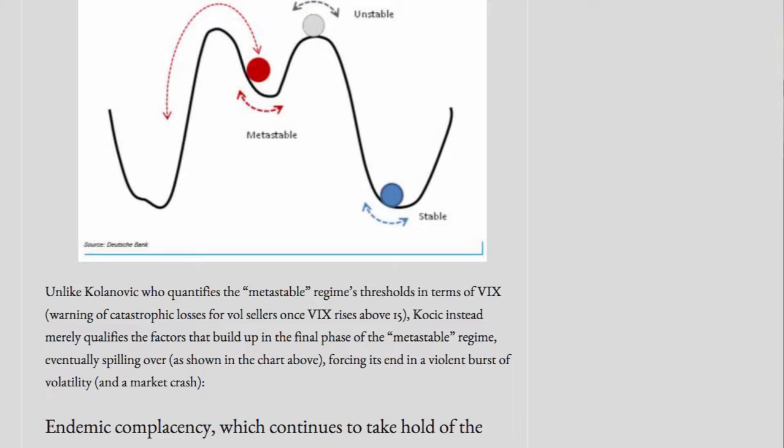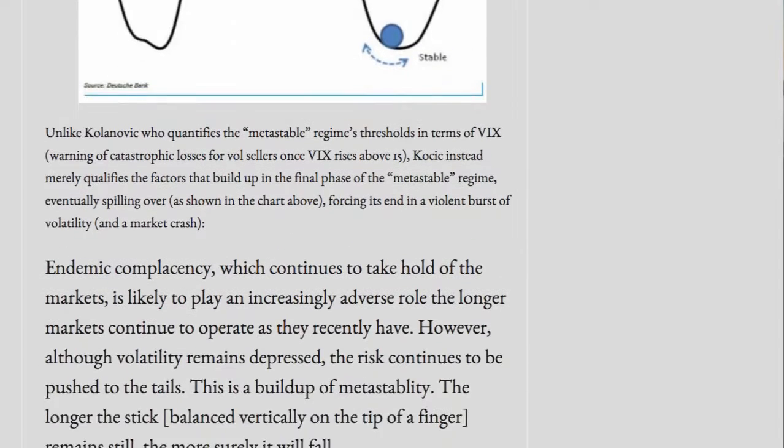Unlike Kolanovic, who quantifies the metastable regime's thresholds in terms of VIX, warning of catastrophic losses for vol sellers once VIX rises above 15, Kochik instead merely qualifies the factors that build up in the final phase of the metastable regime, eventually spilling over, as shown in the chart above, forcing its end in a violent burst of volatility and a market crash.